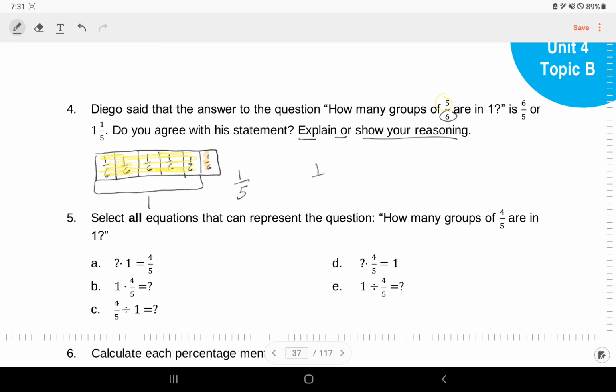So I've got 1 and 1/5. Well, 5 times 1 is 5, plus 1 is 6. So, yes, I agree, and I showed my reasoning. But you have to actually show it.